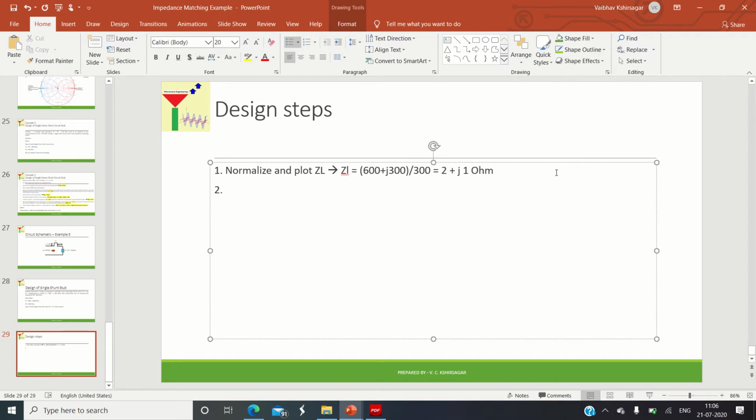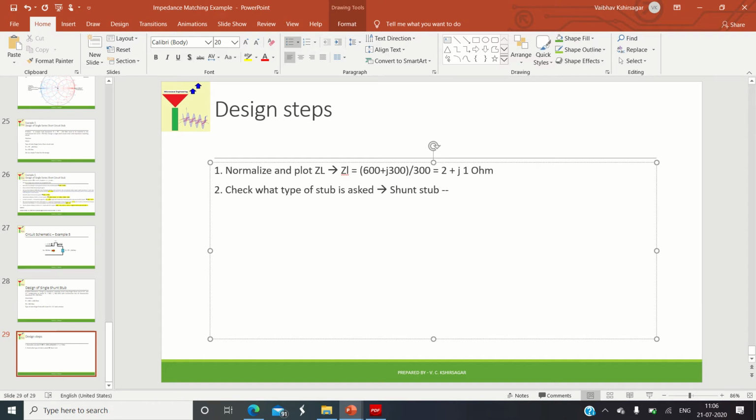First of all, check what type of stub is asked. Okay, so in the problem statement, what type of stub is asked? Shunt stub.